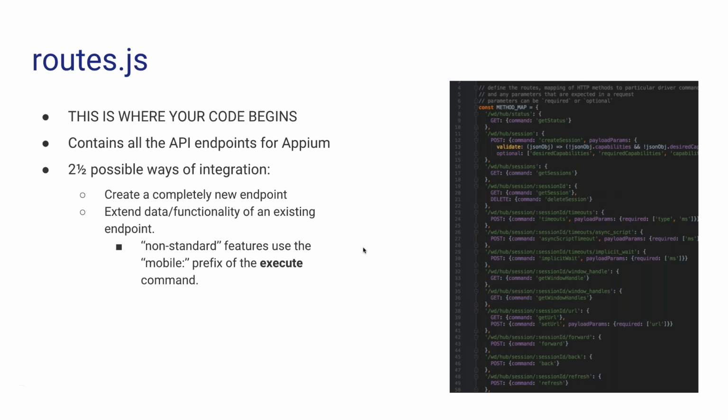So Routes.js. This is probably the most critical point in your journey to adding any capability to Appium, because it defines the API endpoint where your command will be executed, which means that if you want to do anything, you would go through Routes.js. I wrote 2.5 possible ways of integration, because you can either create a completely new endpoint, which is something that's, I would say, rarely done.